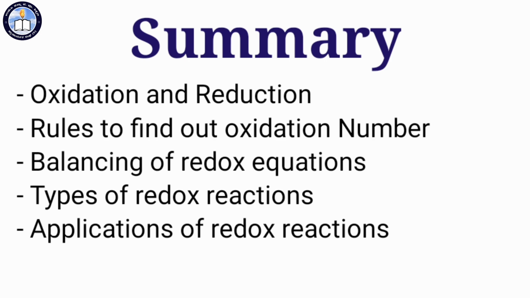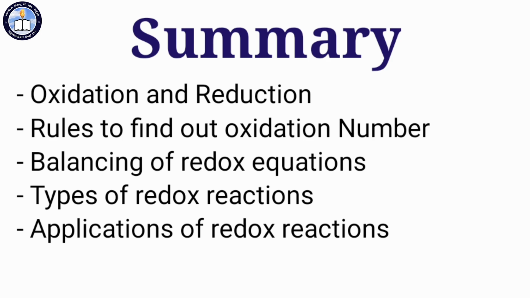This is a quick summary of the redox chapter. Redox reactions form an important class of reactions in which oxidation as well as reduction occur simultaneously. We discussed redox reactions in terms of the classical concept, the electronic concept as well as the oxidation number method.